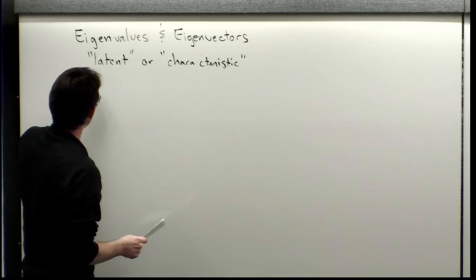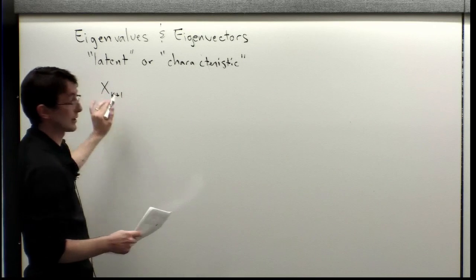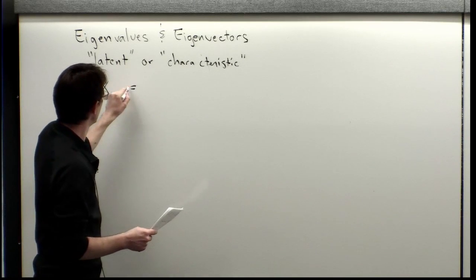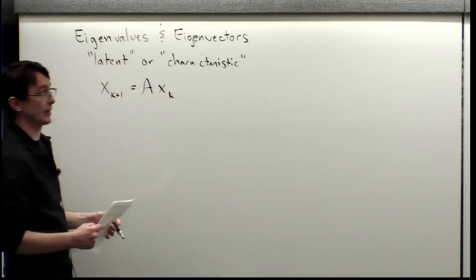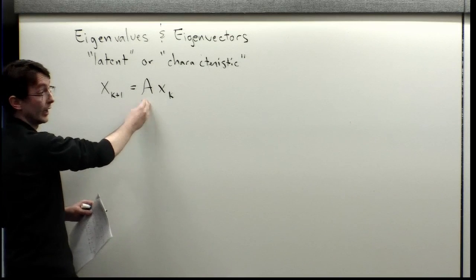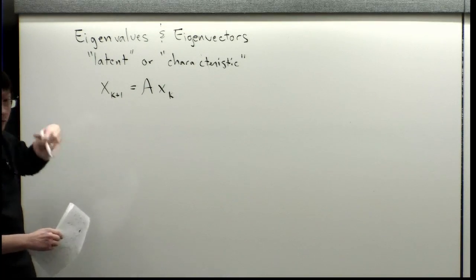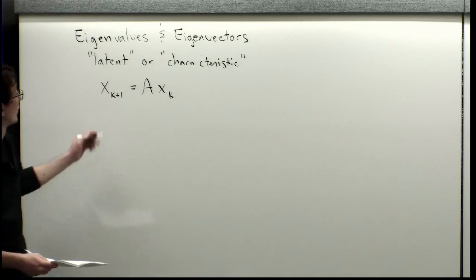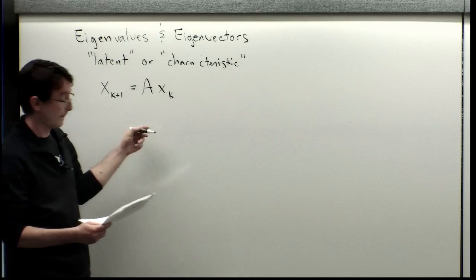We've been looking at a set of equations x at index k plus 1 equals a matrix A times x at index k. This is some vector, we multiply it by A, and we get a vector at a future instant or a future iteration. For example, this could be the Jacobi iteration we saw.